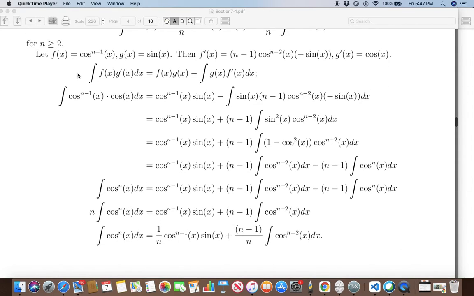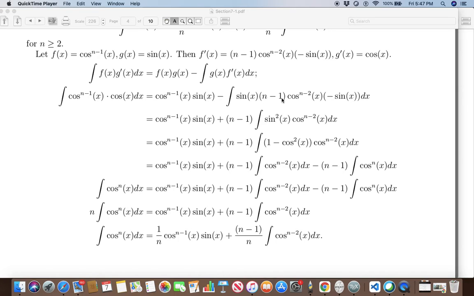All right. Formula of integration by parts: the integral of f g prime is fg minus the integral of g f prime. This tells me f is cosine power n minus 1, g prime is cosine, fg is cosine n minus 1 times sine, minus the integral of g, which is sine, times f prime, which is the derivative we found, n minus 1 cosine n minus 2 times the chain rule part, negative sine x. So that negative and that negative become positive.